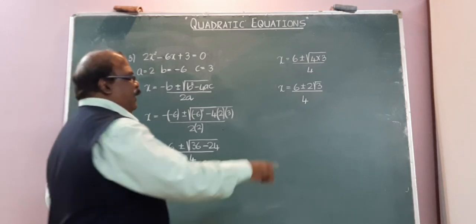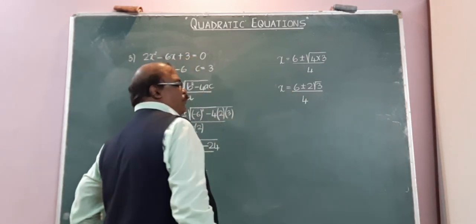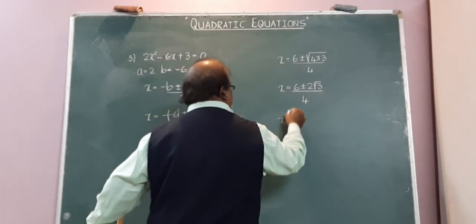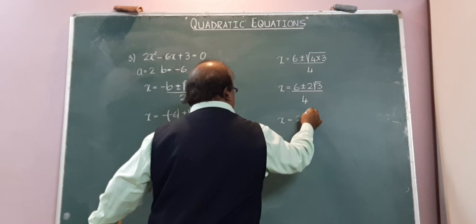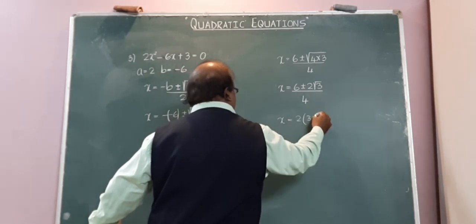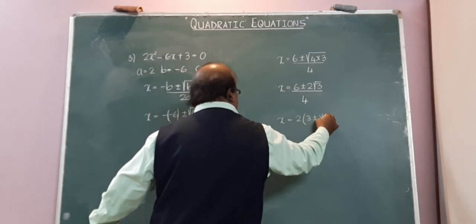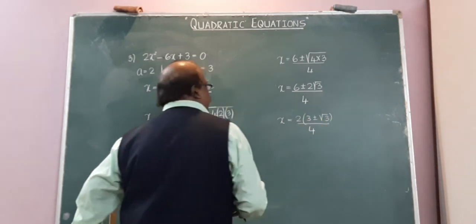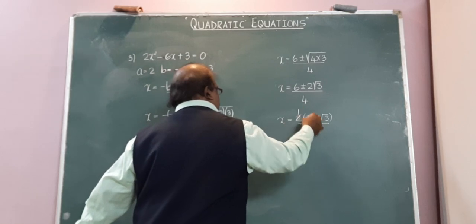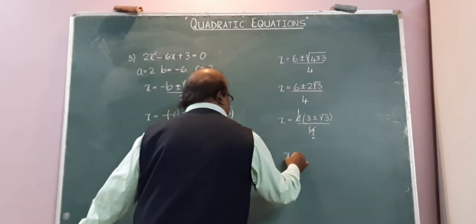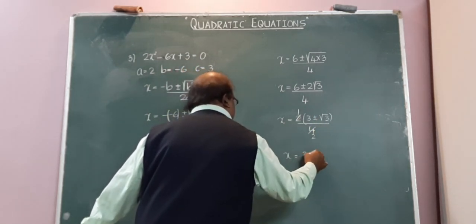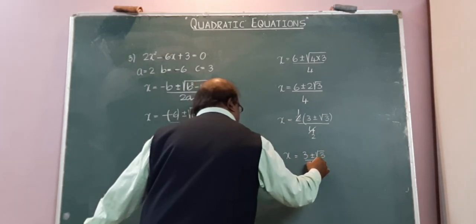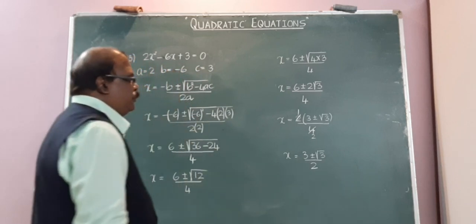So I can either divide both the terms by 4 or remove the common factor in the numerator. 2 3s are 6, 2 into root 3, 2 ones are 2, 2 twos are 4. So your answer is 3 plus or minus root 3 upon 2.